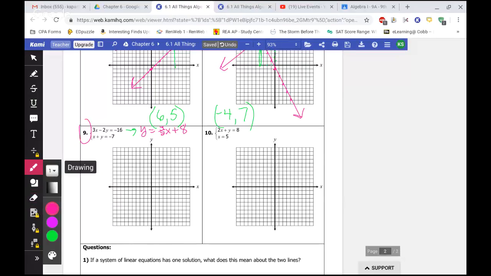The second one is y equals the opposite of x minus 7. Okay, so this one, when we plot that, our y-intercept is 8.